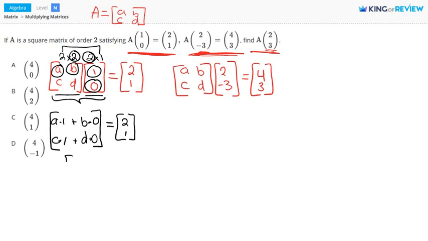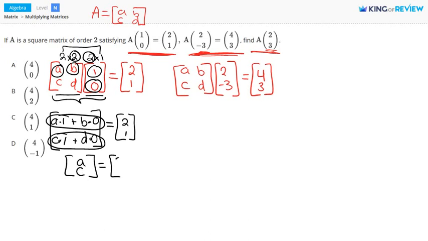Now let's simplify our product. a times 1 plus b times 0, that's just a. And c times 1 plus d times 0, that's just c. And this equals this matrix here.